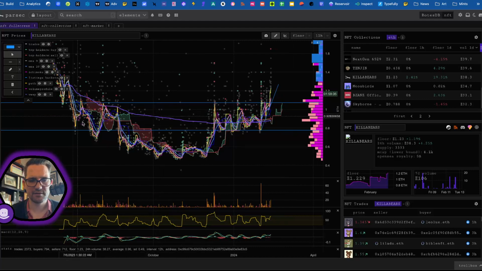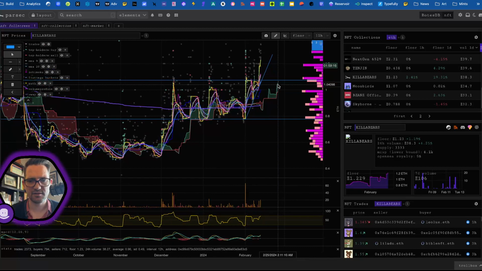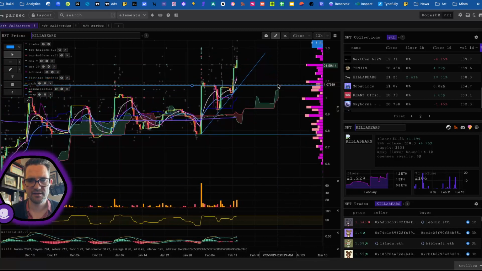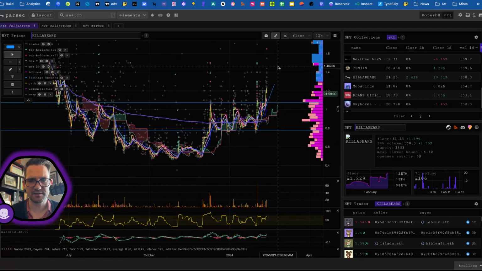Almost a bit of an inverse head and shoulders on this too, no? Not a very large head, but they look like a pretty strong chart here.